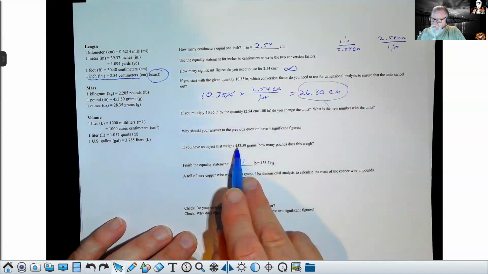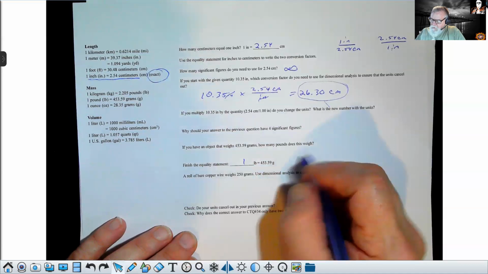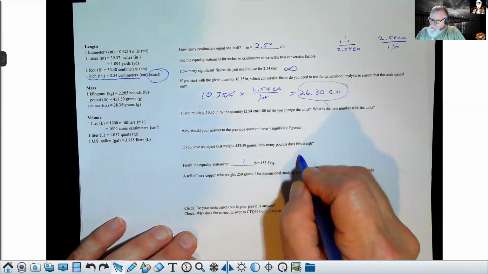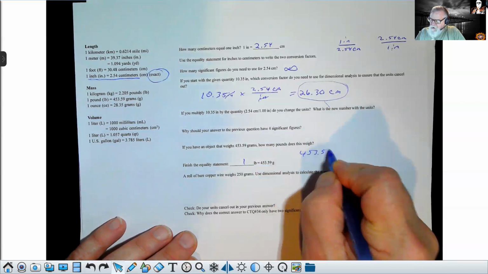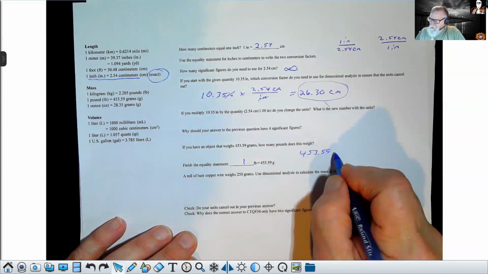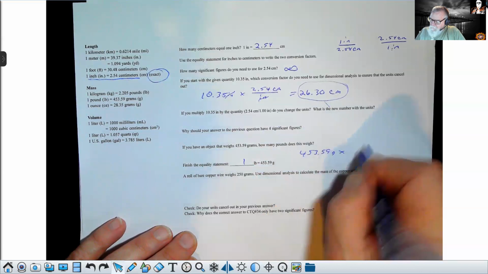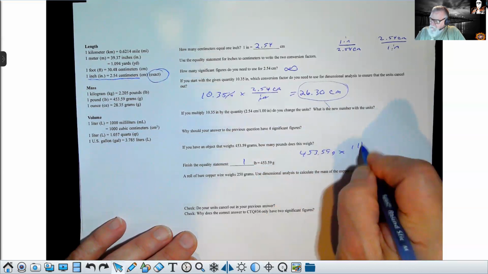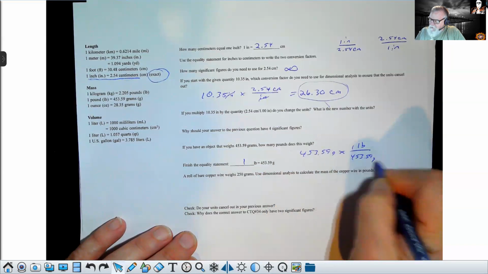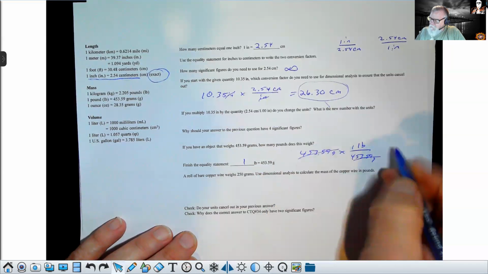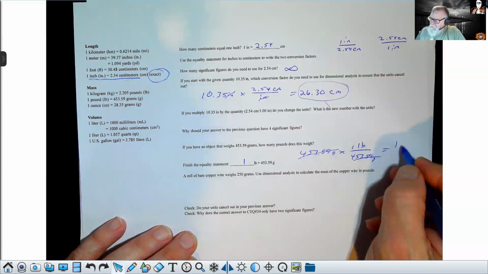Well, that's 1, right? So basically what we would do is we have 453.59 grams times 1 pound over 453.59 grams. That cancels with that, and this equals 1 pound.